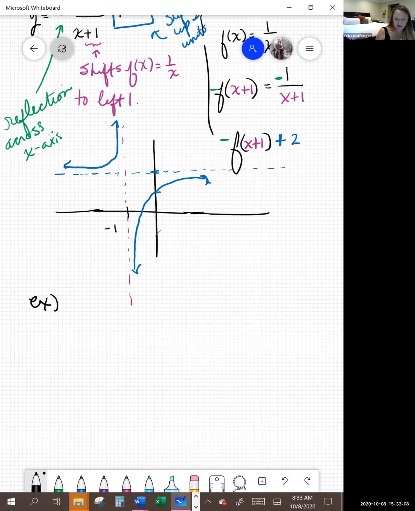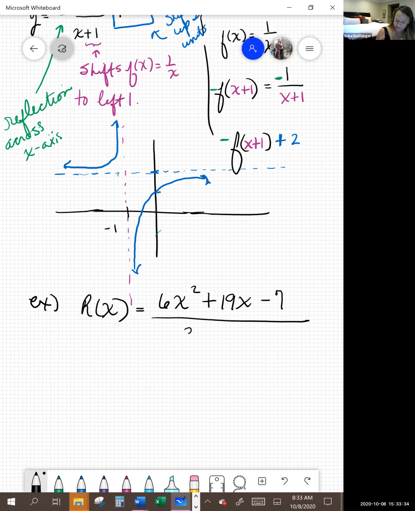Okay, so let's review how to do long division with the next problem. Let's say you had r of x is equal to 6x squared plus 19x minus 7, all over 3x minus 1.